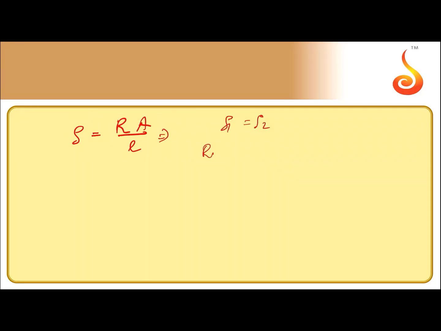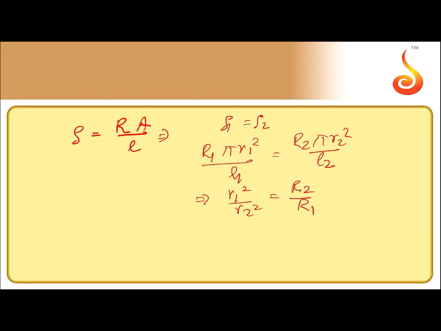That gives us R1 into pi r1 square divided by L1 is equal to R2 into pi r2 square divided by L2. As length L1 and L2 are equal to each other, we have r1 square divided by r2 square is equal to R2 divided by R1.